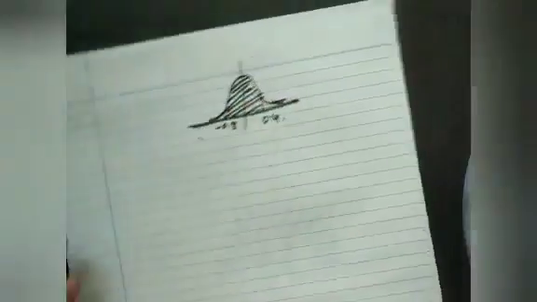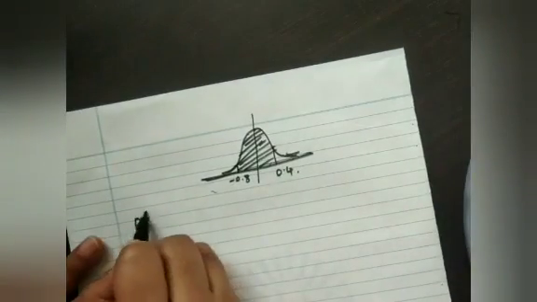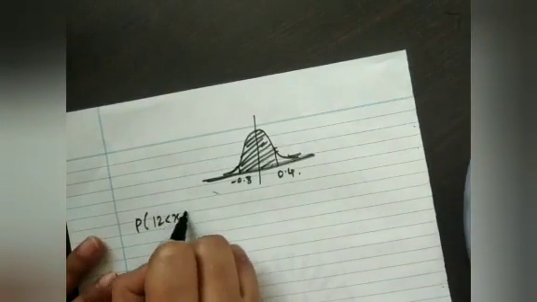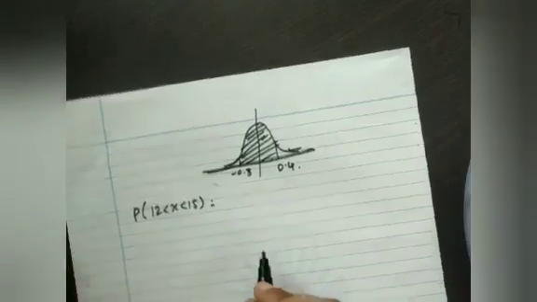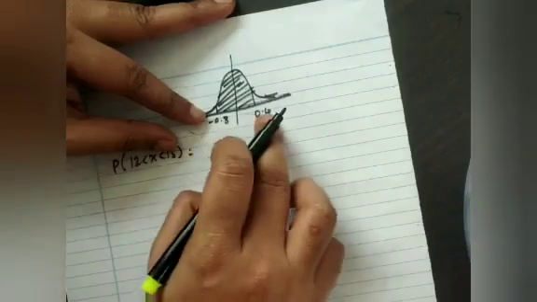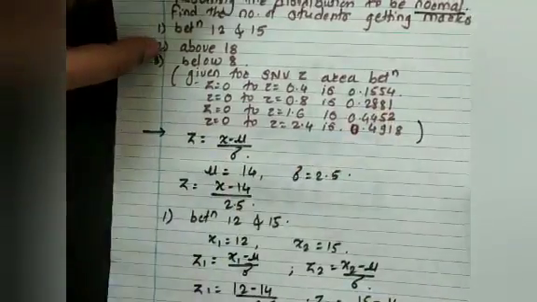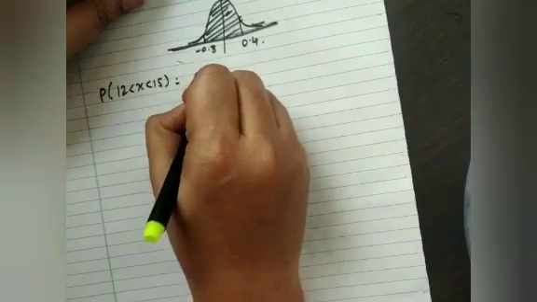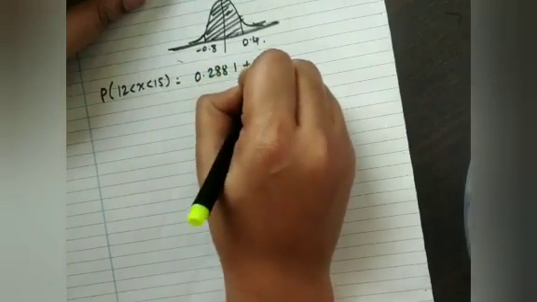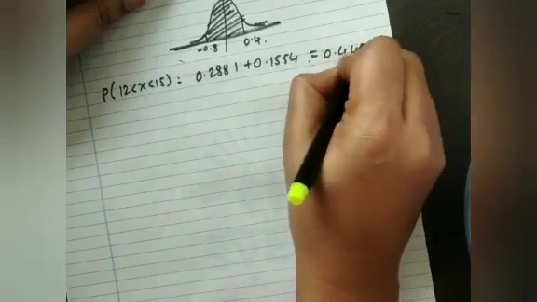Therefore the probability of 12 to 15 is equal to probability from 0 to 0.8 plus probability from 0 to 0.4. Both the probabilities we know, simply add them. So we'll get the answer as 0.2881 plus 0.1554, which is equal to 0.4435.